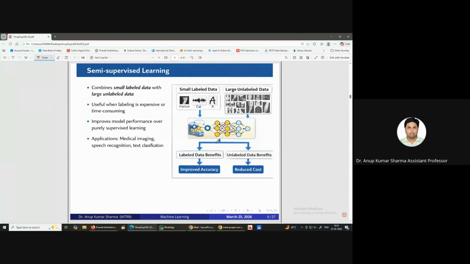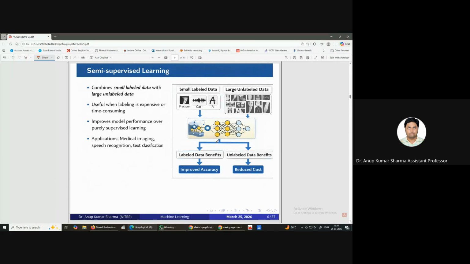Semi-supervised means here we are including 25% supervised data and 75% unsupervised data. So this comes under semi-supervised learning. In this case, we have some labels included and some labels we don't have.